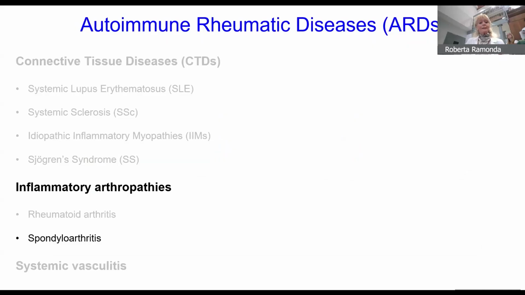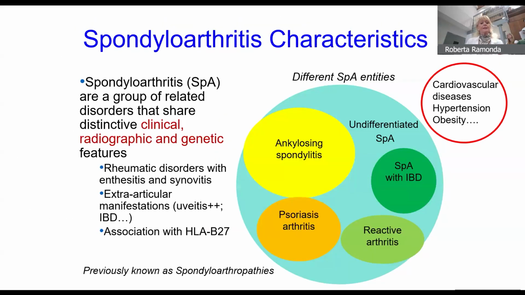About spondyloarthritis, it is a group of related disorders characterized by common clinical, radiographic, and genetic features. The rheumatic disorder is characterized by the presence of synovitis and enthesitis, and extra-articular manifestations include uveitis, inflammatory bowel disease, and comorbidities such as cardiovascular disease, hypertension, and obesity.